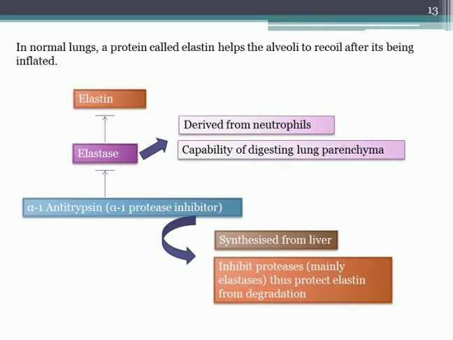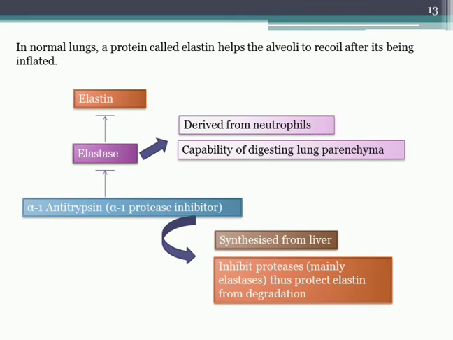So it inhibits the protease and thus protects the elastin from degradation. We call that the enemy's enemy is a friend, right? So alpha-1 antitrypsin indirectly helps the elastin do its job. Got it? So elastin is protected by alpha-1 antitrypsin in a healthy adult.